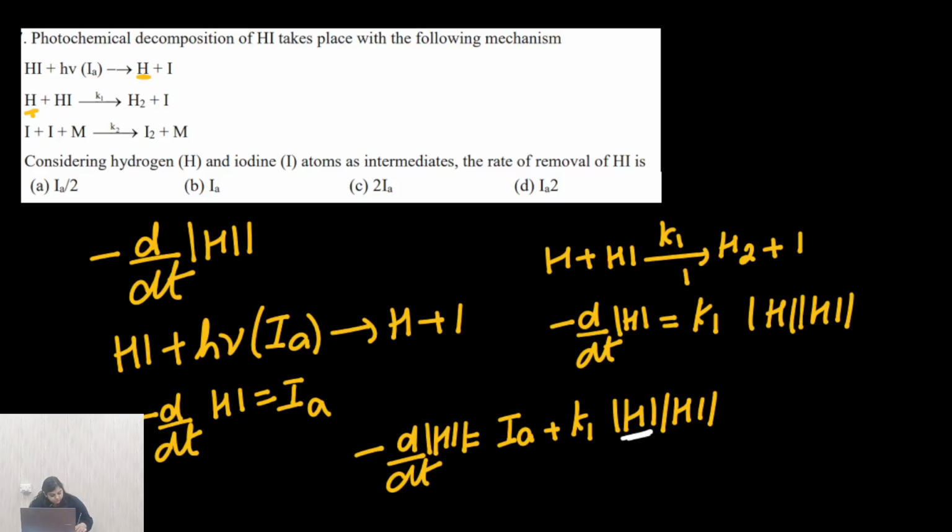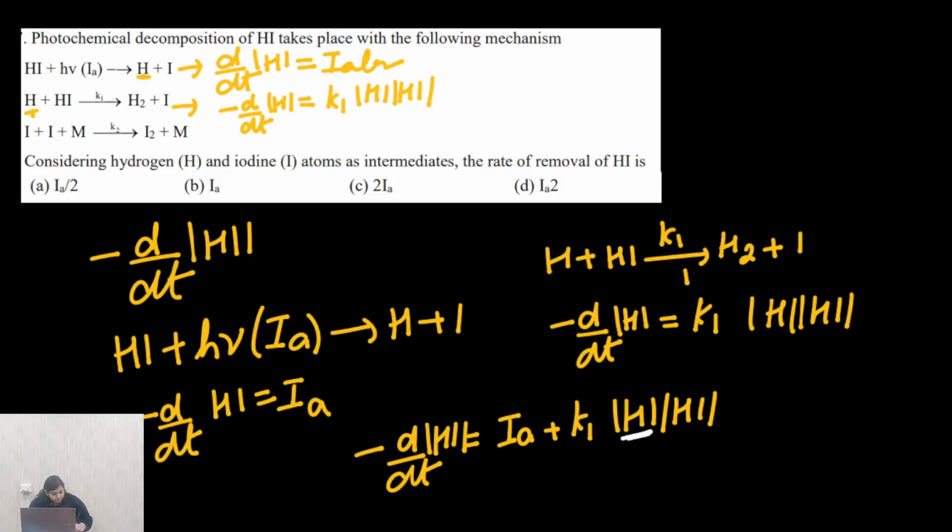For this one, d by dt of H is equal to I absorbed, right? And in the second one, where it is being consumed, minus d by dt of H will be equal to K1 times H into HI.